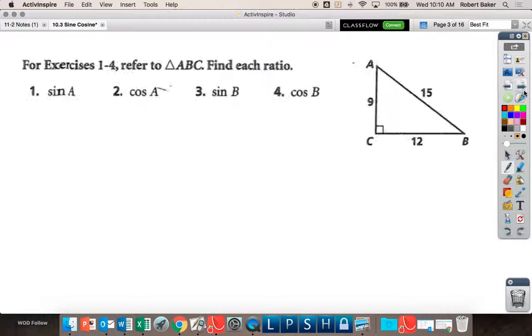So just try it one more time. This is on your paper. Set up the ratio. What is the sine of A? It's 12 over 15.